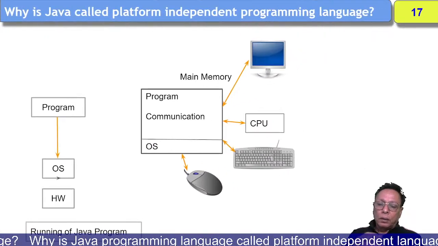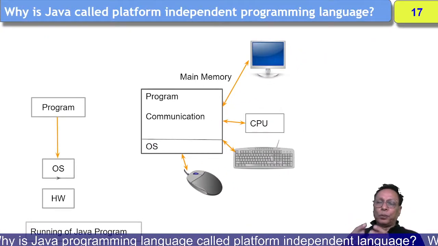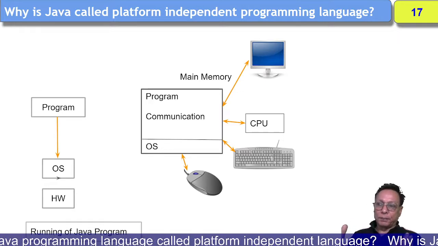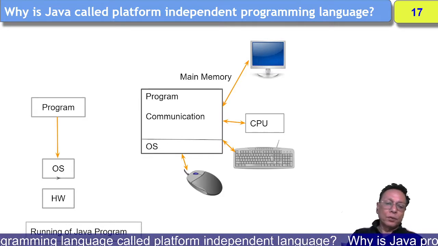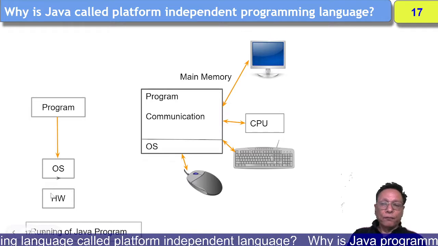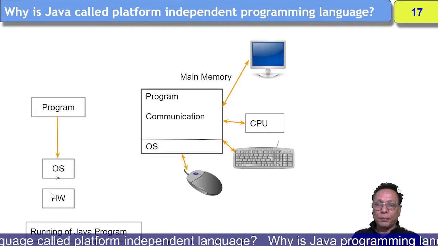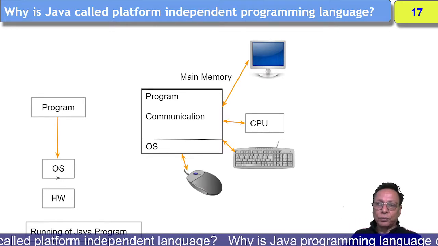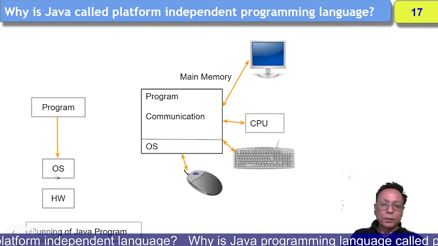Now, when you want to execute a program, we need the computer system, which means the hardware. Once the hardware is activated, the operating system gets loaded into memory.